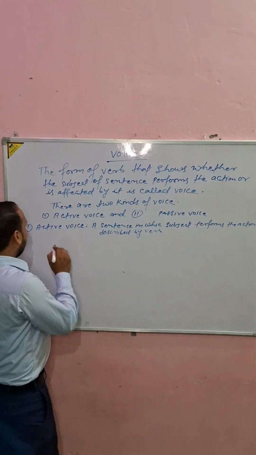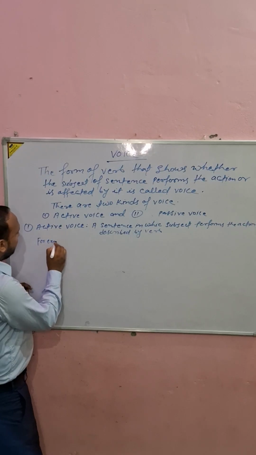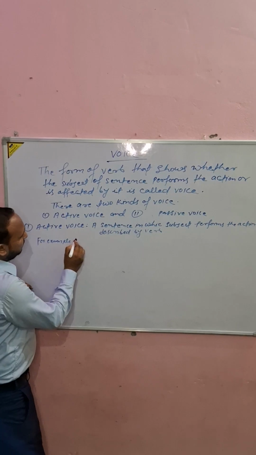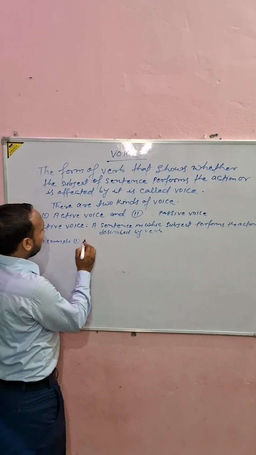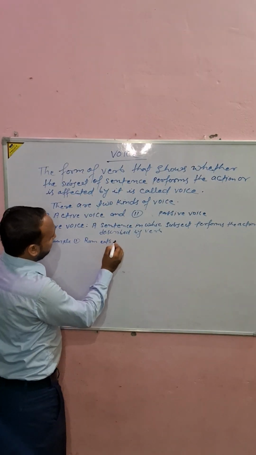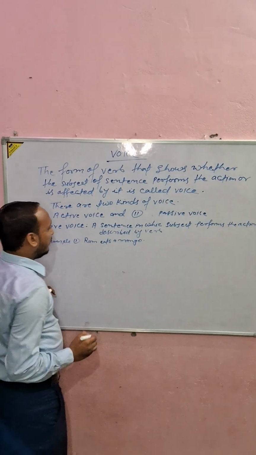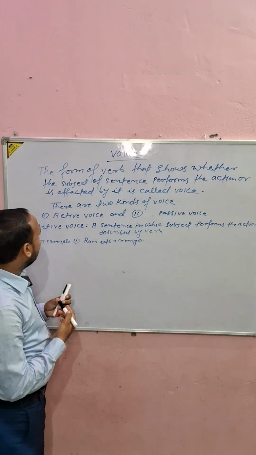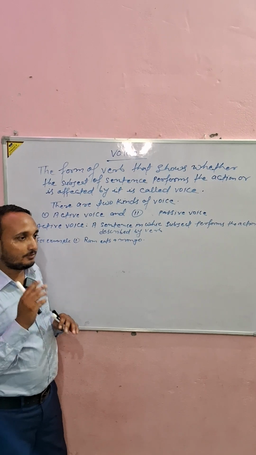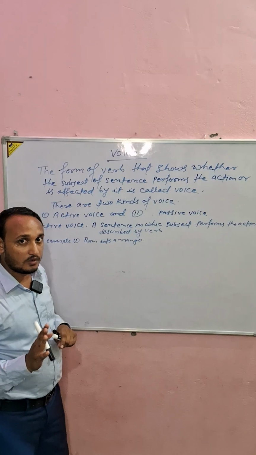For example, Ram eats a mango. Just before, I told you that we have to notice that in active voice, the subject is always the doer.